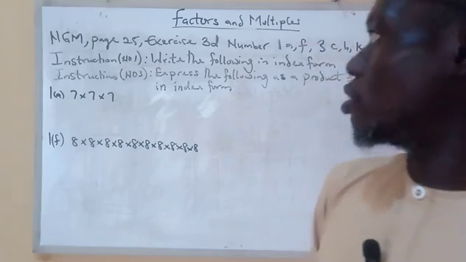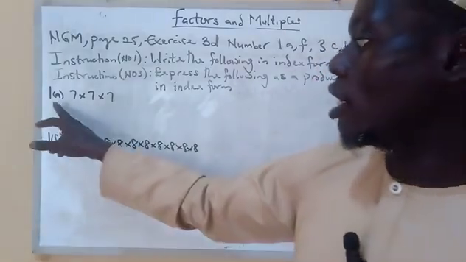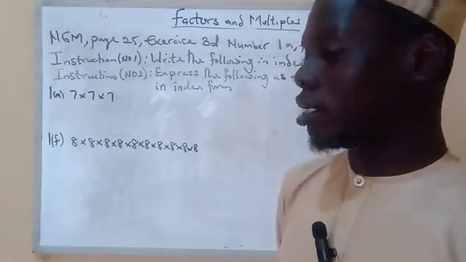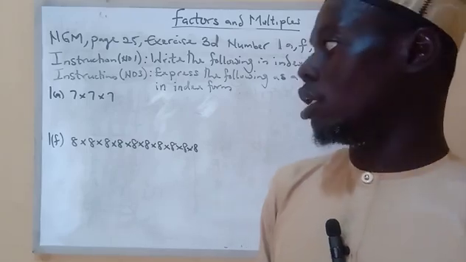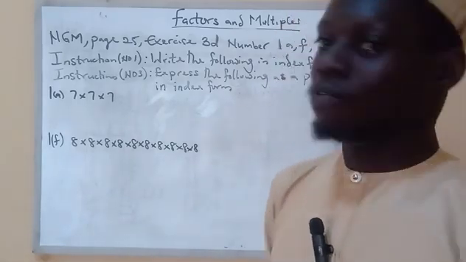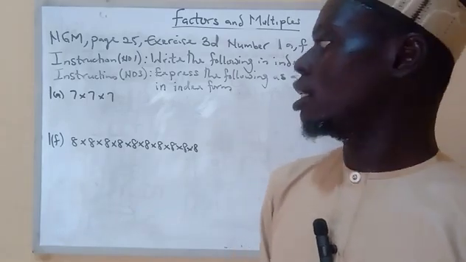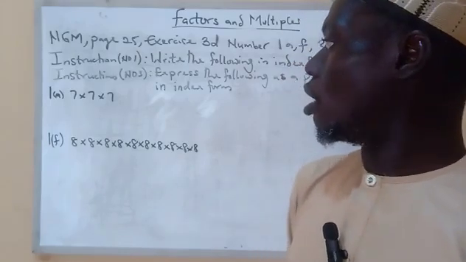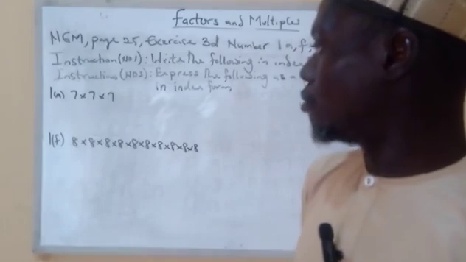We will be solving question number 1A and 1F, and the rest, as usual, will be the one you will try to practice on your own. And if you have any complaint about the rest, you can quickly contact me from my handles there.